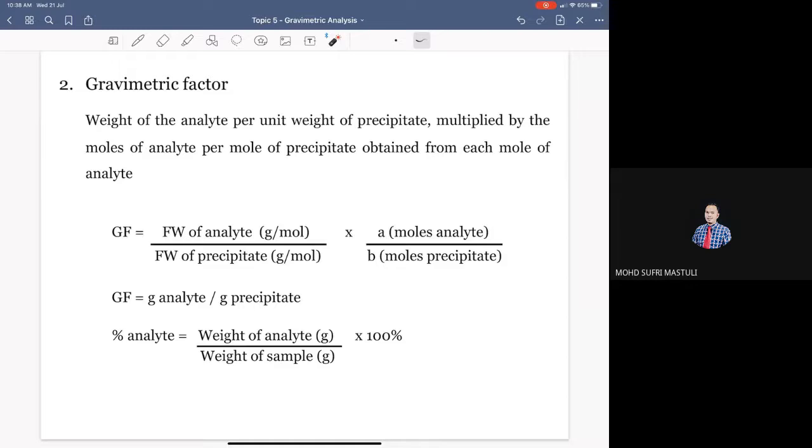As you can see, the gravimetric factor is the molecular weight of analyte over the molecular weight of precipitate, multiplied by the mole of analyte over the mole of precipitate.